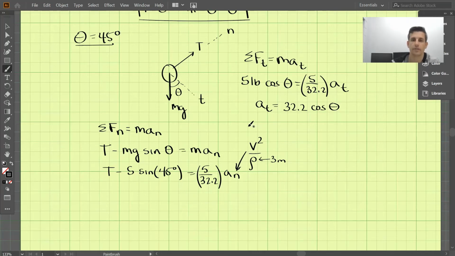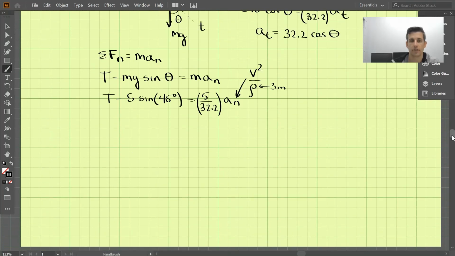Luckily, the velocity is somehow related to the tangential acceleration. So if we know the tangential acceleration, basically in this direction, how fast we're accelerating there from rest, we can figure out the velocity, and then once we have the velocity, we can solve for the tension. So let's continue on this path.